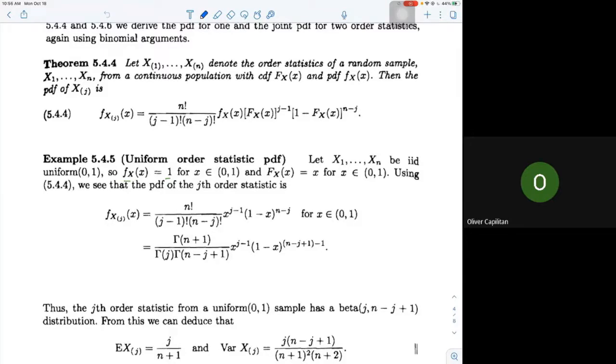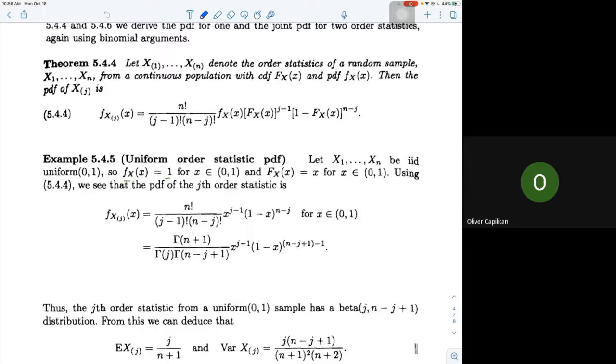Then if we are going to determine the PDF of the order statistic X sub (j), we have this formula: n factorial over (j minus 1) factorial times (n minus j) factorial, times the PDF, times the CDF raised to j minus 1, times 1 minus the CDF raised to n minus j.